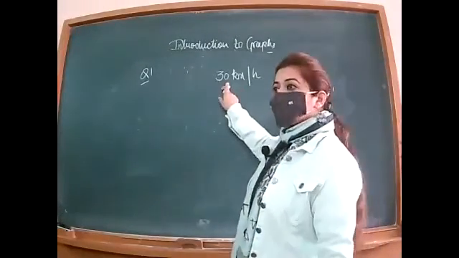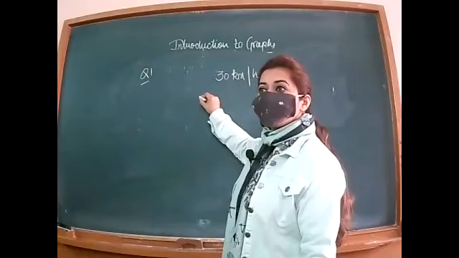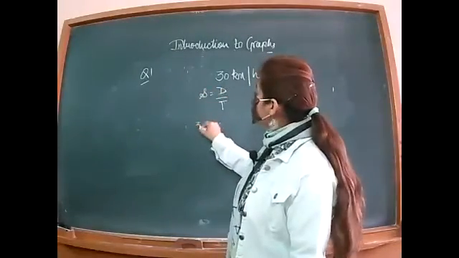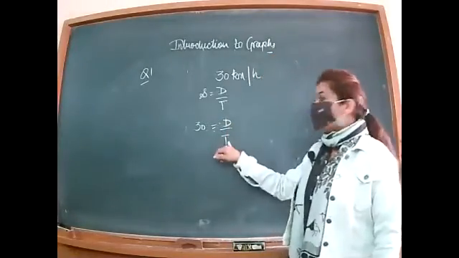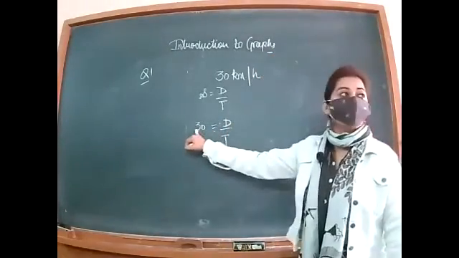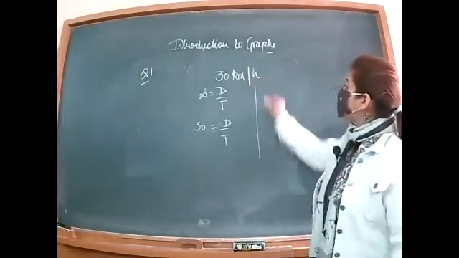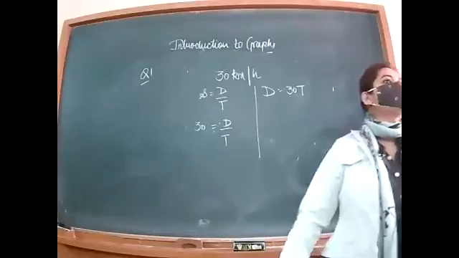Speed is given. So the formula for speed, distance and time is speed is equal to distance upon time. Speed is 30 km/h, but the distance and time are not given. When you multiply this t on the left hand side, as t is dividing, when you shift it here, it will become d is equal to 30t. So this is your equation.